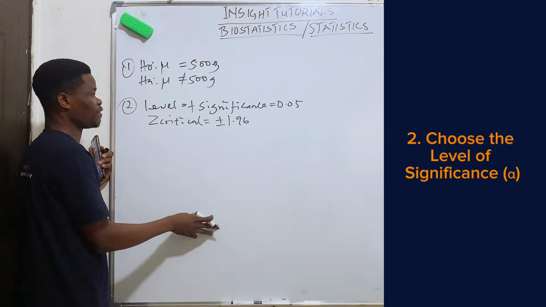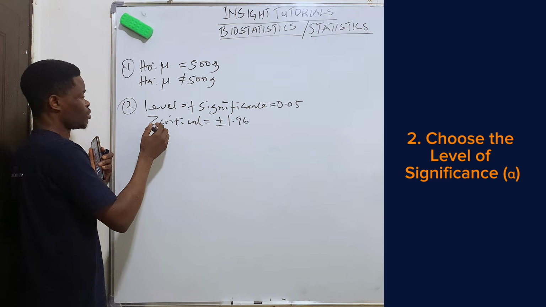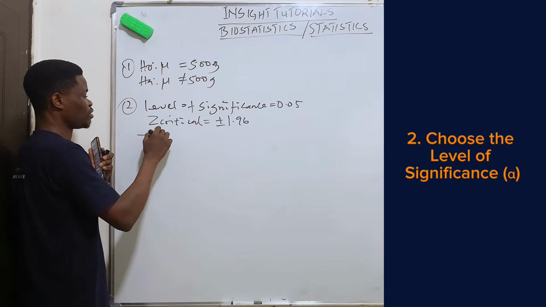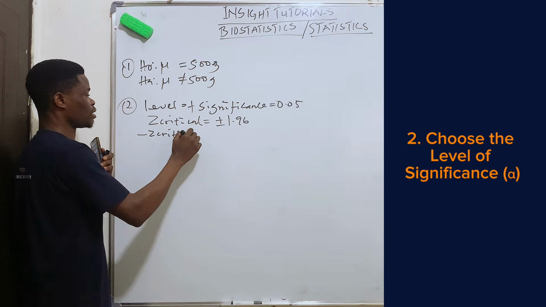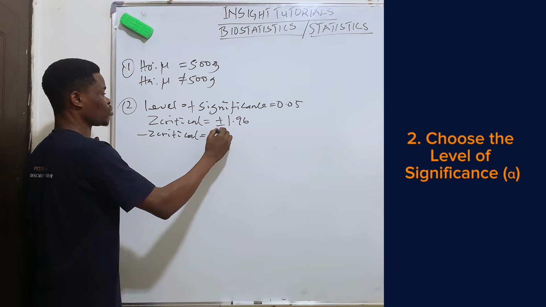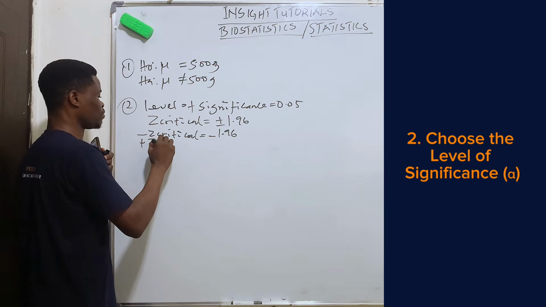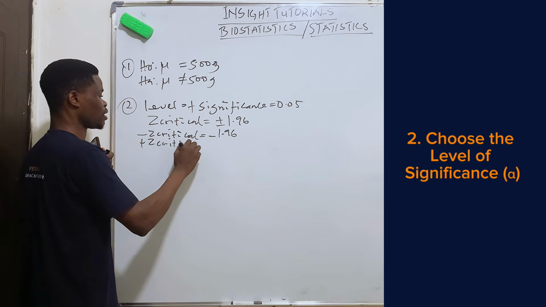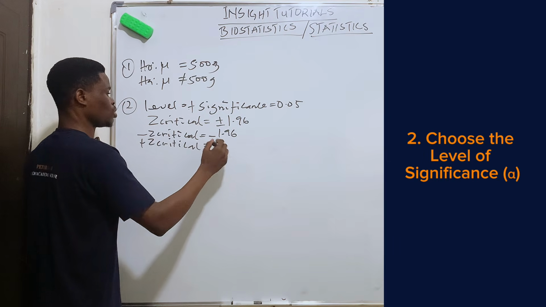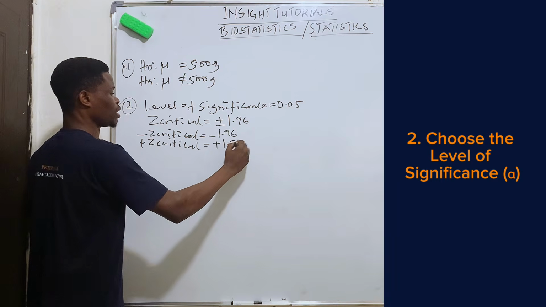So your negative Z critical will be minus 1.96, and your positive Z critical will be plus 1.96.